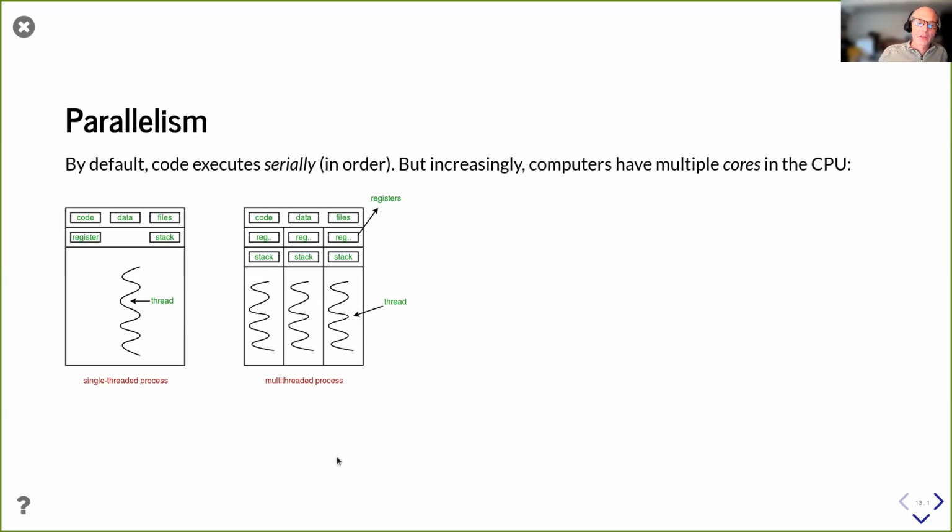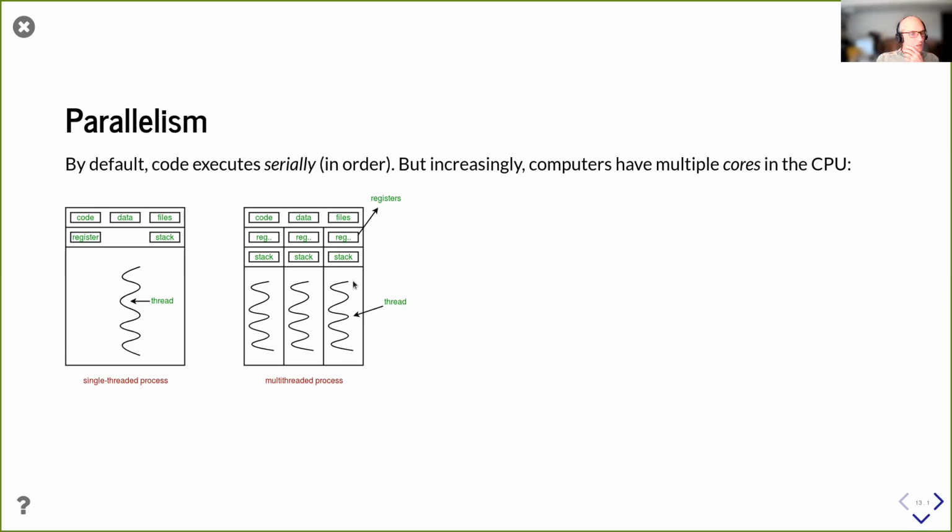And so in order to harness that power, what you might like to do is to take a task that would, in the simplest code you might write, execute serially, meaning all in order, where you start at the beginning and go all the way to the end, and instead break it up into chunks and assign different chunks to different CPUs, different computational units, different cores as they're called, in your computer, and have each core work on a portion of the computation, and then get the final results that way.